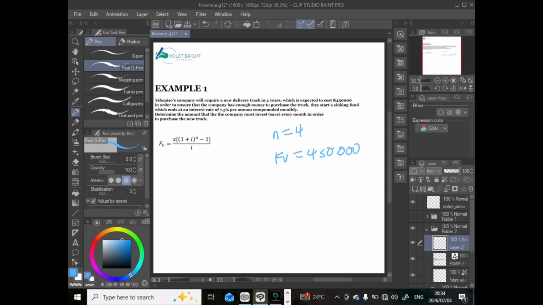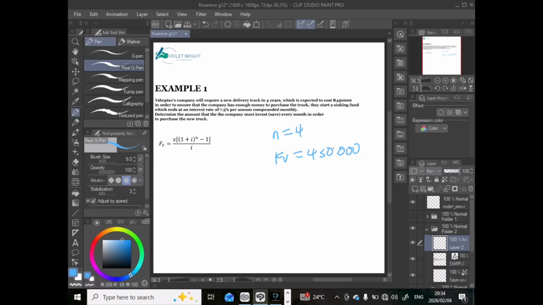The question says, in order to ensure that the company has enough money to purchase the truck, they have started a sinking fund with an interest rate of 7.5% compounded monthly. Determine the amount that the company must invest every month in order to purchase the truck. Ne?